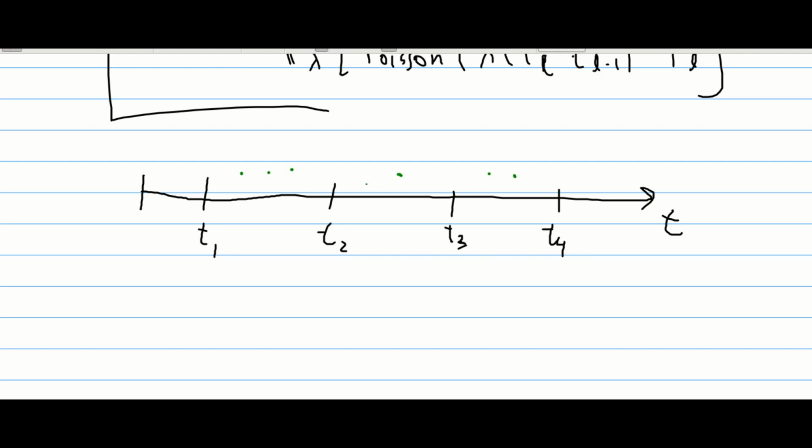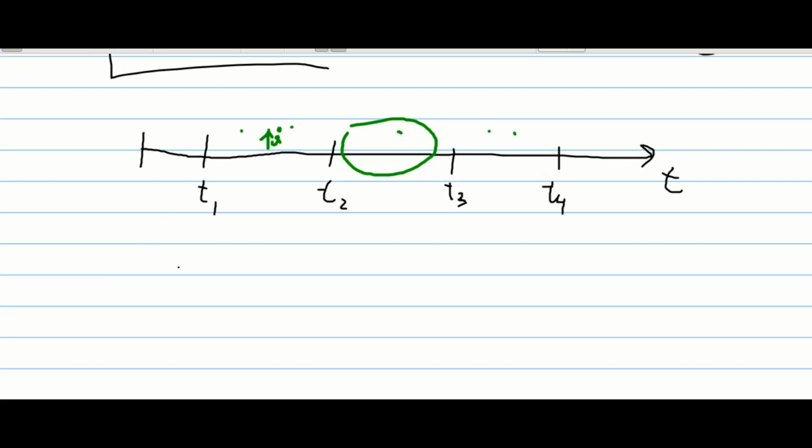Can you get some information about what happens inside this interval by looking at the position of these jump times? If this jump time moves a bit to the right, does it change what information you have in this second interval? And another question, if I know that I have 3 points from T1 to T2, how are they distributed? Are they concentrated on the right? Are they concentrated on the left? Do they have some bias? This is what we're going to study next.